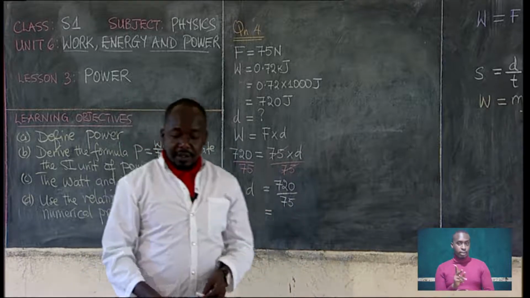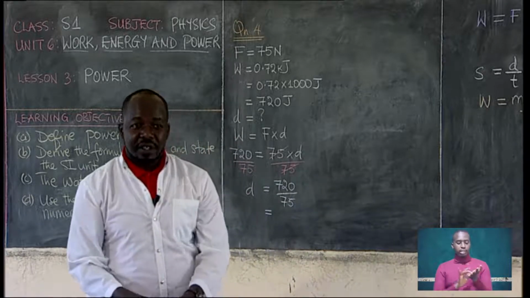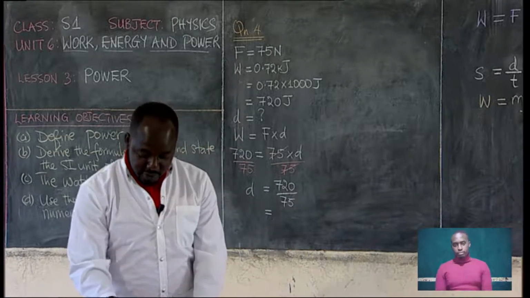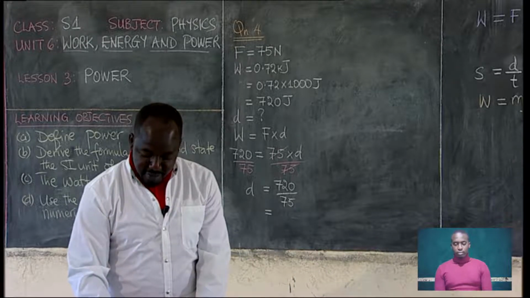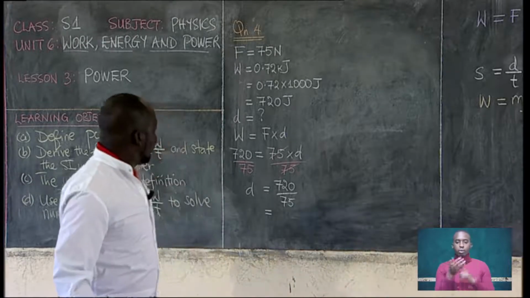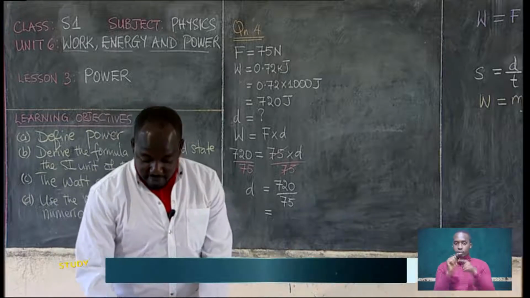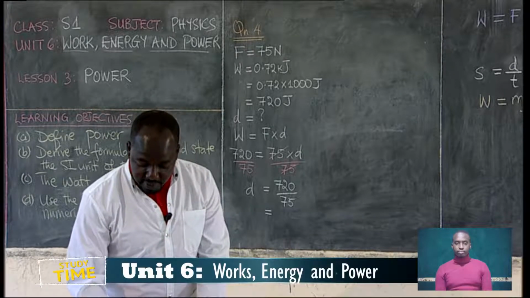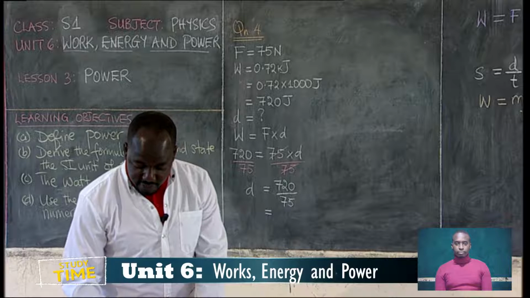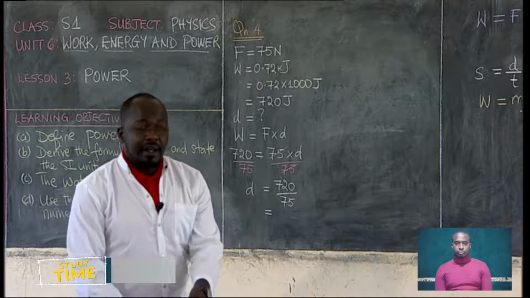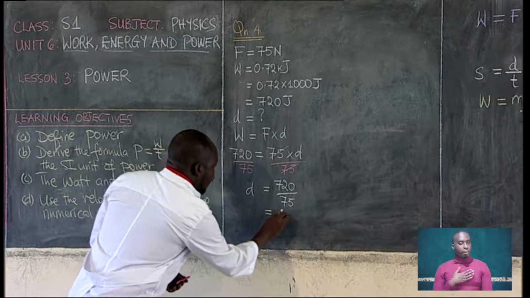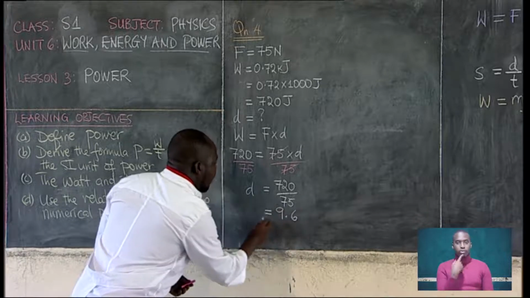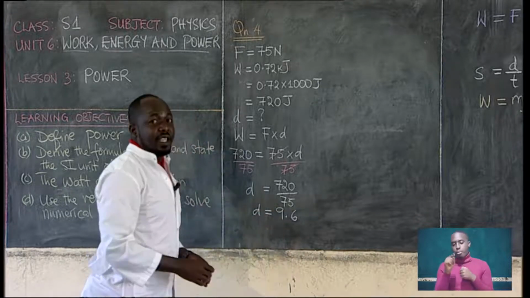Okay? So press your calculators and see what you get. Press your calculator and tell me what you get. It is 720 out of 75. So let me press it here also. 720 divided by 75. My answer that I'm getting here is 9.6. So it means D is 9.6.